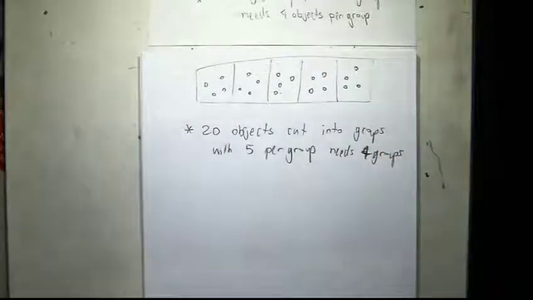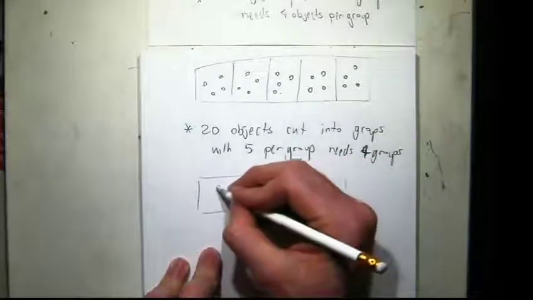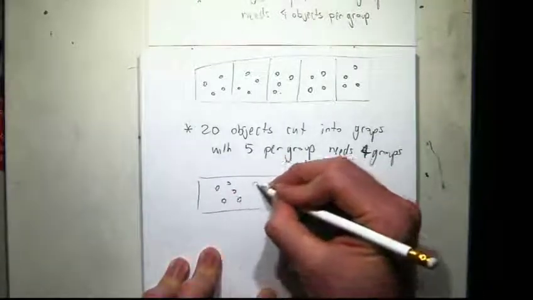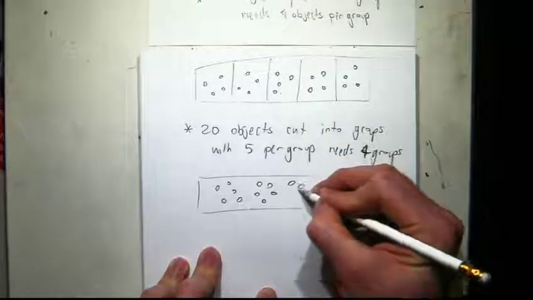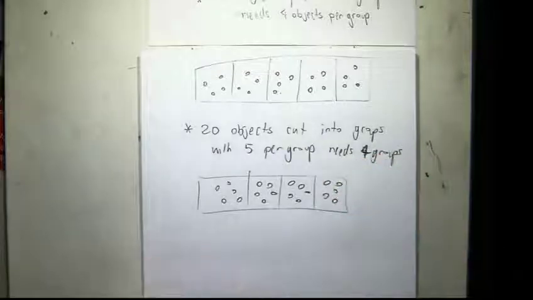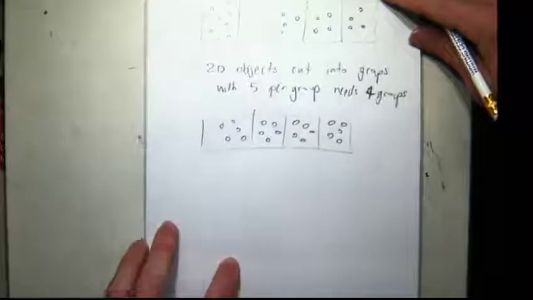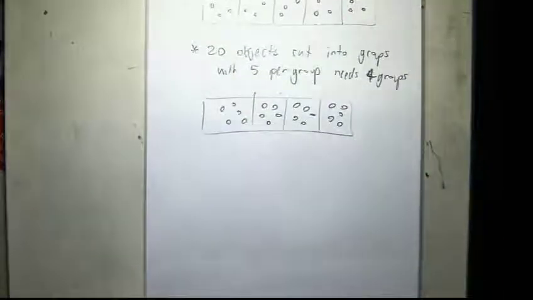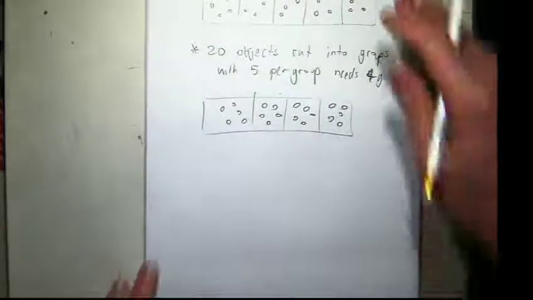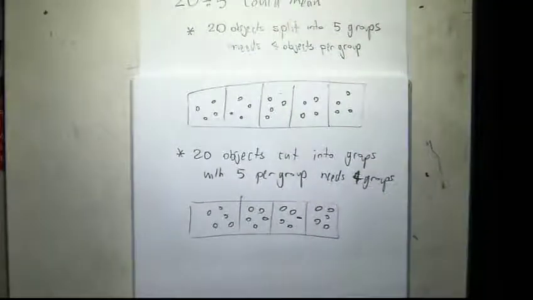Okay? So 20 divided by 5 could be, the 5 could either be telling you how many groups there are, or it could be telling you how many there are in each group. So they're the 2 things that it could mean, in terms of a physical representation of what division means.